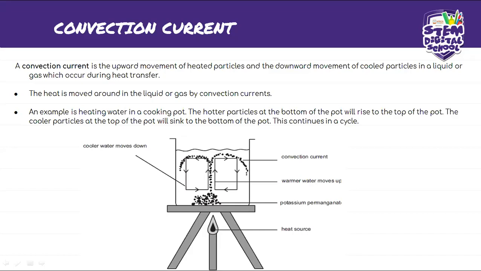The question is explain convection current using your own words. Using your own words.